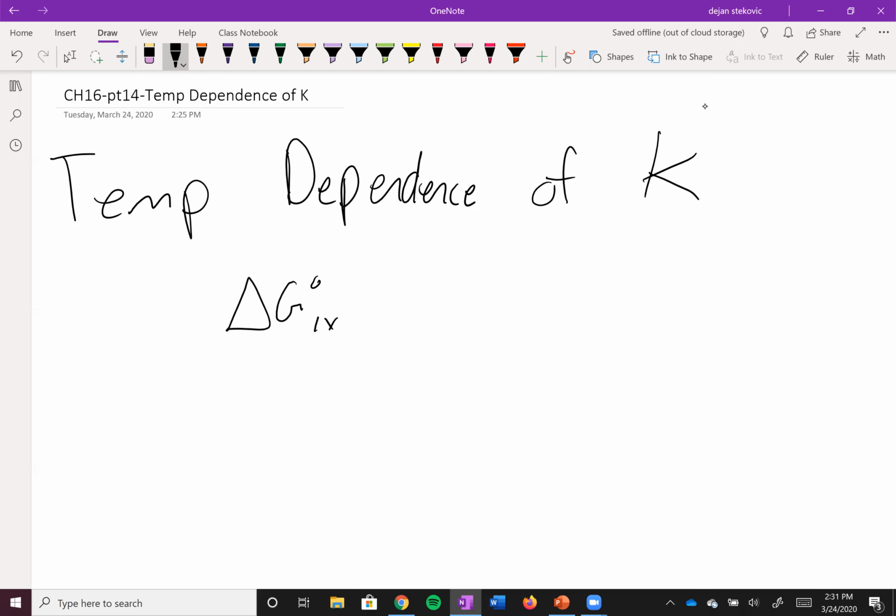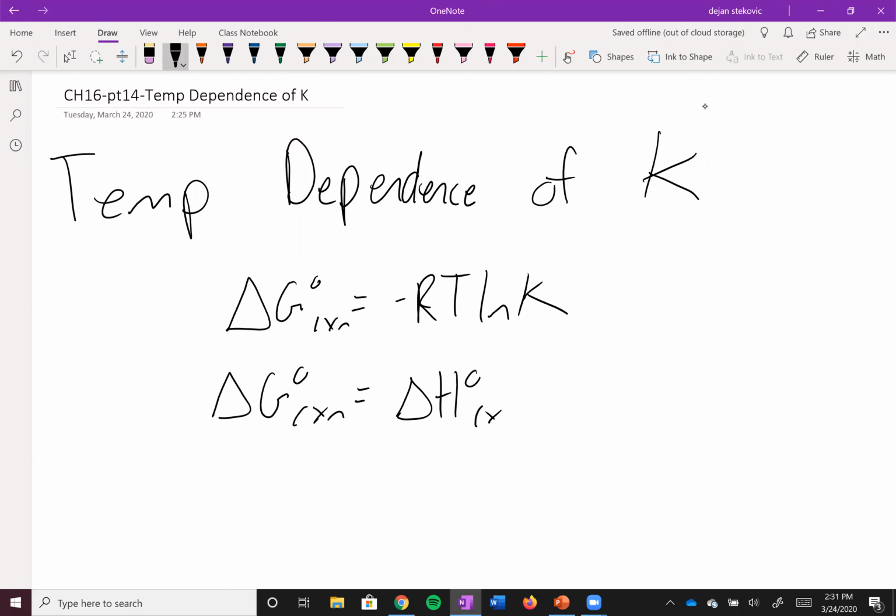We know that the delta G of the reaction at standard state is negative RT ln K. And then we also know that the delta G of the reaction is equal to the enthalpy of the reaction minus T delta S of the reaction. So we can see both of these things are equal to delta G, so we can set them equal to one another.